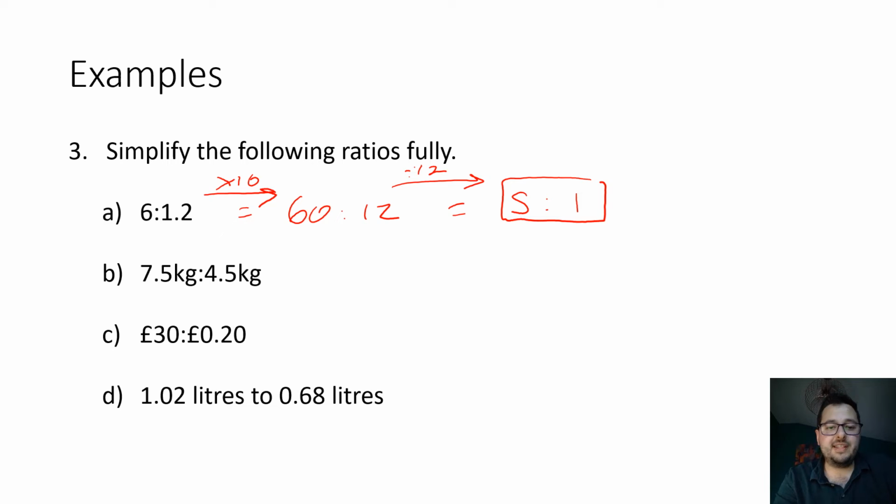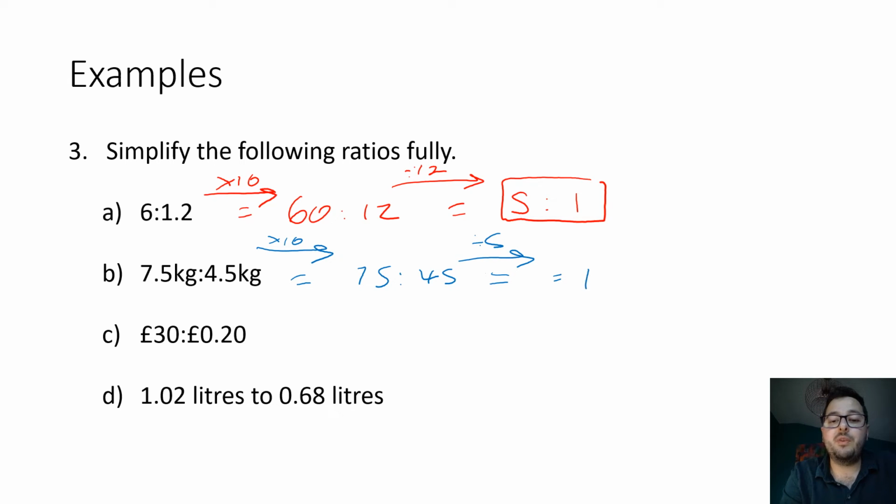Okay, next up we've got 7.5 kilograms to 4.5 kilograms. So again, we can times both sides by 10, and we're going to end up with 75 to 45. And from that, we can divide by 5, and we're going to end up with 15 to 9.